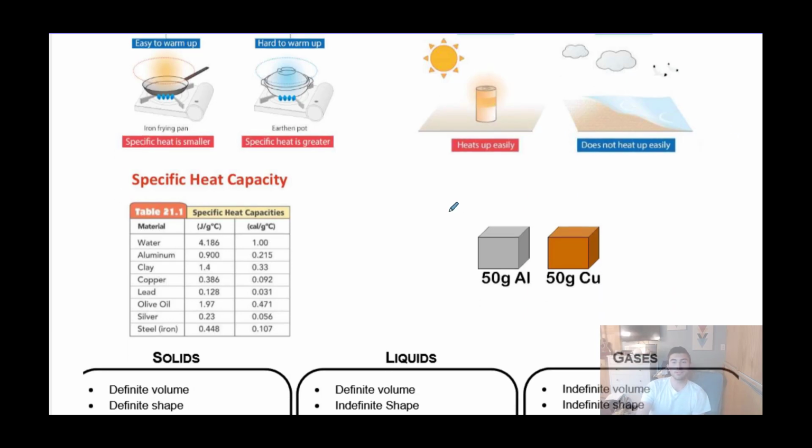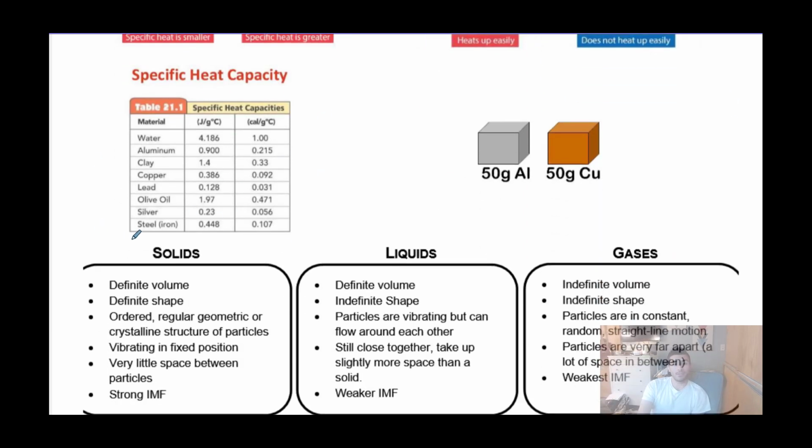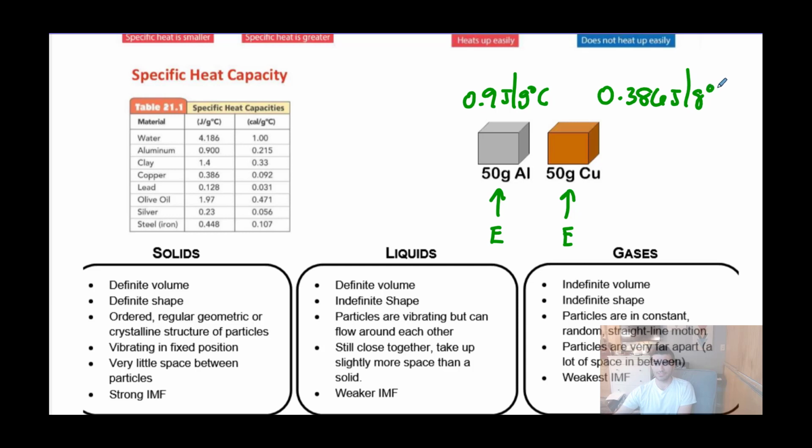That should make sense. Here's some common specific heats in joules per gram degree Celsius and calories per gram degree Celsius for some common objects. We looked at the idea like if I have two blocks of metal, 50 grams of aluminum and 50 grams of copper, if both of these are absorbing the same amount of energy, then because aluminum's specific heat, I'll use joules, is 0.9 joules per gram degree Celsius, and copper's specific heat is 0.386 joules per gram degree Celsius.